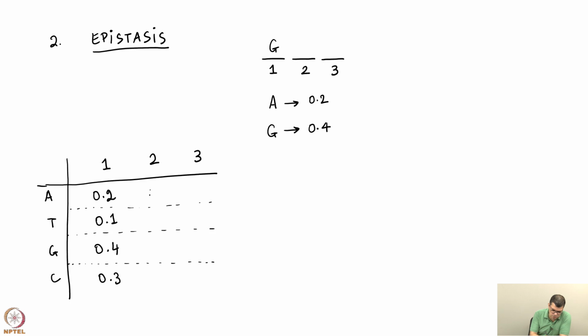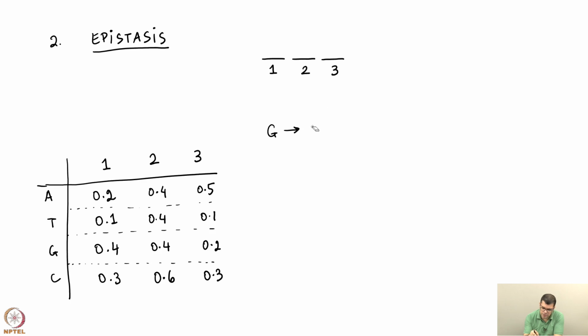At position 2, it is 0.4, 0.4, 0.4, 0.6, and let us say at position 3, this is 0.5, 0.1, 0.2 and 0.3. Let us imagine that these are the contributions of every nucleotide at every position in this DNA sequence which is of length 3.